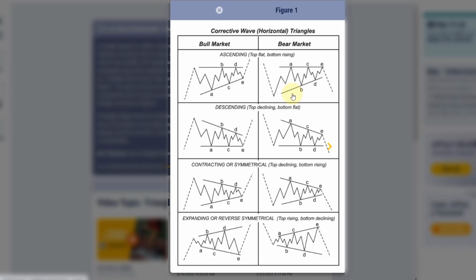So you can see here, the first one would be an ascending wedge. Well, no, it's actually not an ascending wedge, it's an ascending triangle. You can get a descending triangle, which would normally be rather bearish. But even though you have an ascending triangle, where many people say it would normally break to the upside, these can break to the upside or the downside, depending on the Elliott wave count.